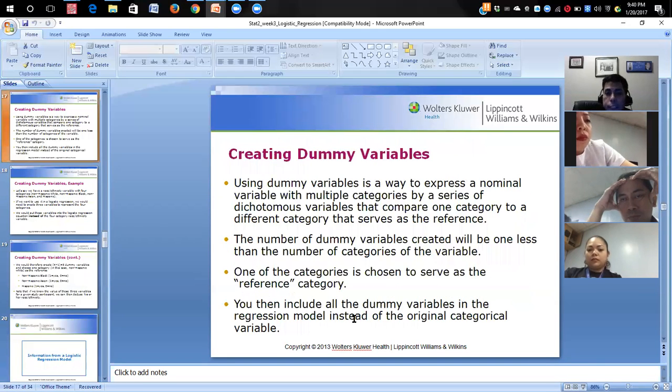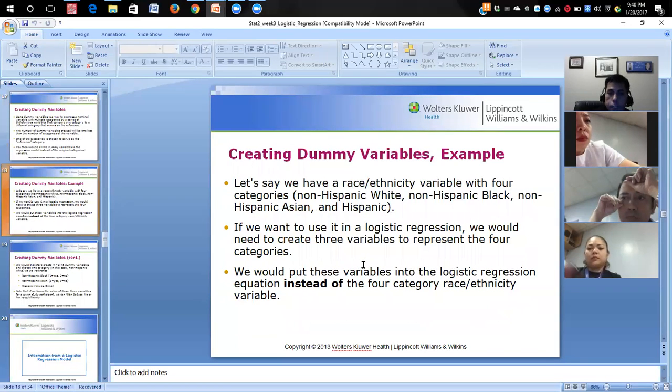So using a dummy variable is a way to express a nominal variable with multiple categories by a series of dichotomous variables that can be compared to one category, your reference category. The number of dummy variables created will be one less than the number of categories of the variable. For example, if you have a total of 4, you minus 1, and you create three variables.